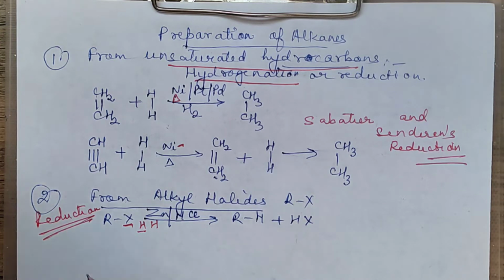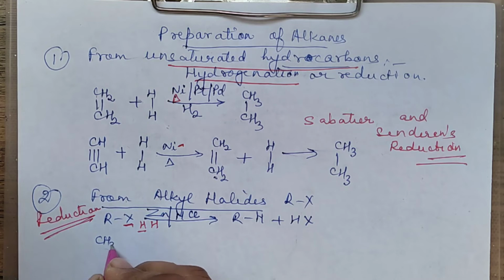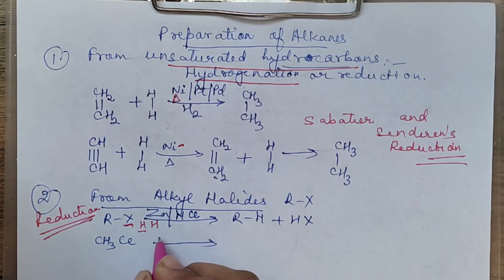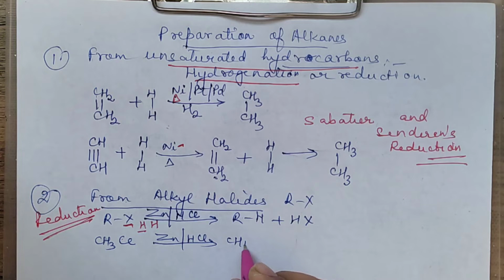So suppose you are more specific, say you are taking one carbon atom alkyl halide, then you are using this zinc and HCl, you will get one carbon alkane. That means you will get methane. Methane plus here another H and this Cl will form HCl. So whatever be the number of the carbon atoms you take in the alkyl halide, the same number of carbon atom alkane you will get.